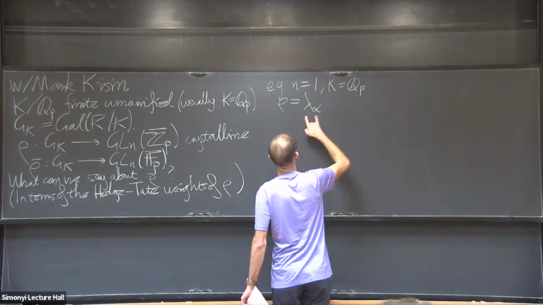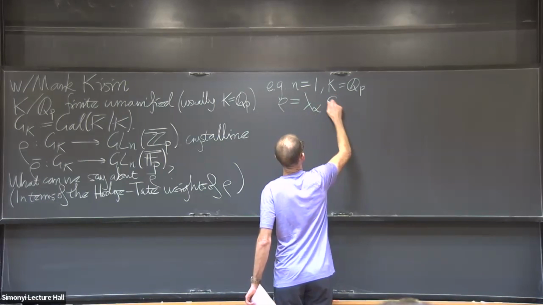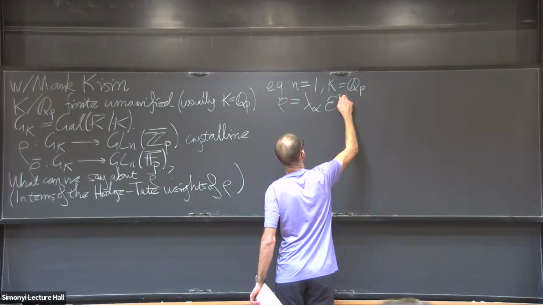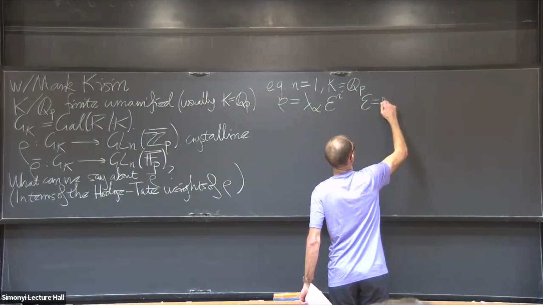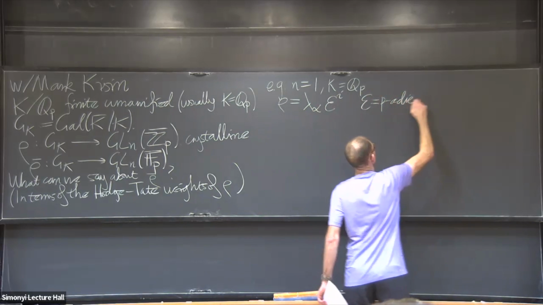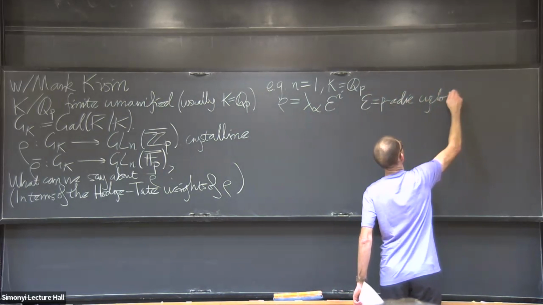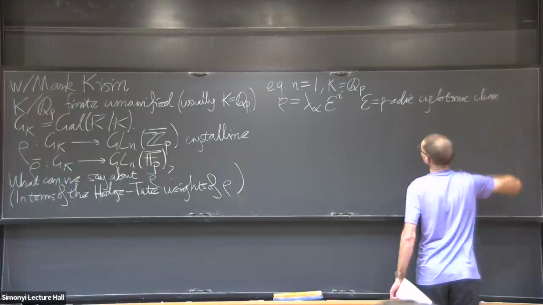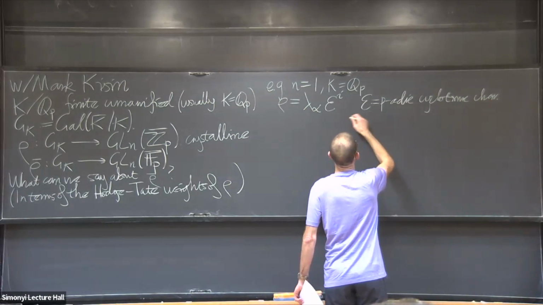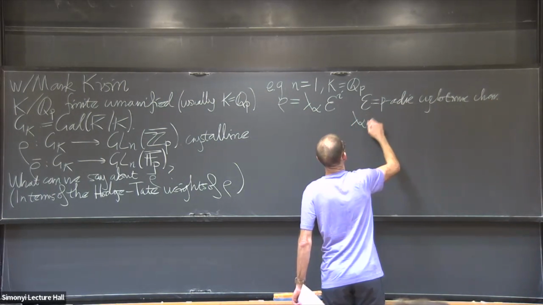So it's of the form, this is going to be an unramified character, and this will be a power of the cyclotomic character. So epsilon is the p-adic cyclotomic character, and lambda alpha is unramified.